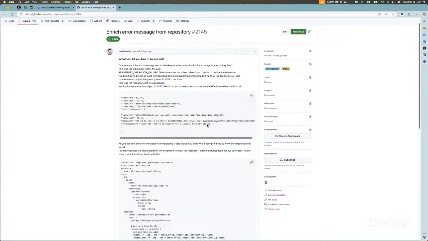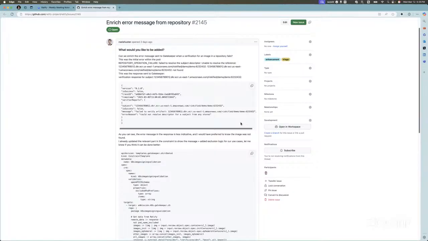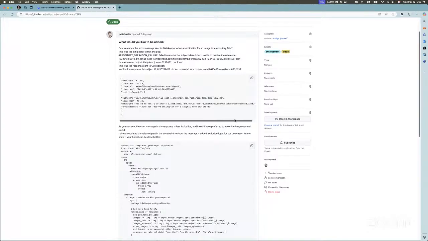So the idea is to make the error message more descriptive and actionable to users, right? Any concerns? If no more concerns, maybe we can work offline to provide a suggested error message and also let the user review and comment in this issue. We don't need to give a very formal error message in the meeting because we may need some time to come up with a reasonable error message.